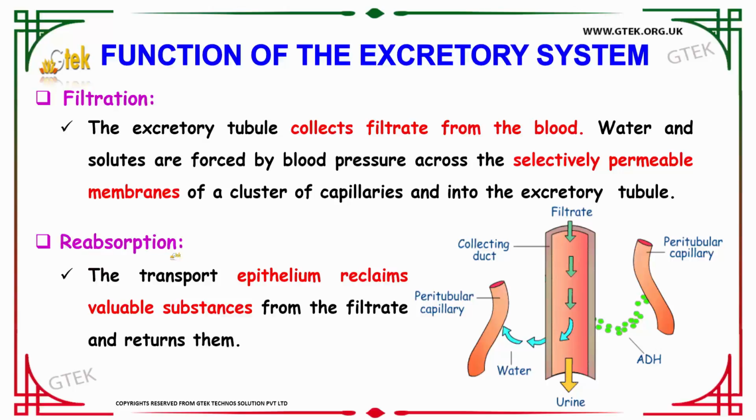The next function is reabsorption. The transport that is done in your epithelium reclaims the valuable substances from the filtrate and then returns them. So once the membranes filter the unwanted water and solutes, reabsorption is done in your epithelium, which will reclaim the valuable substances from the filtrate.